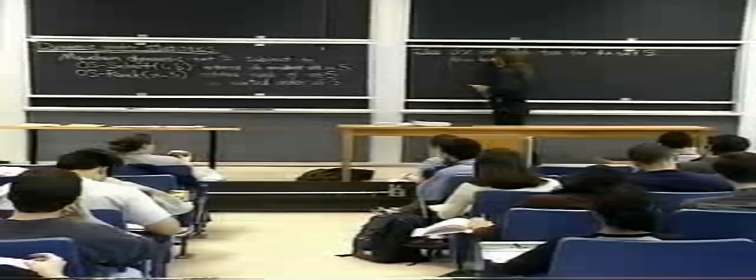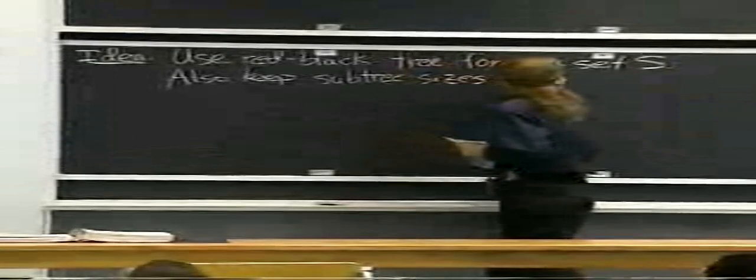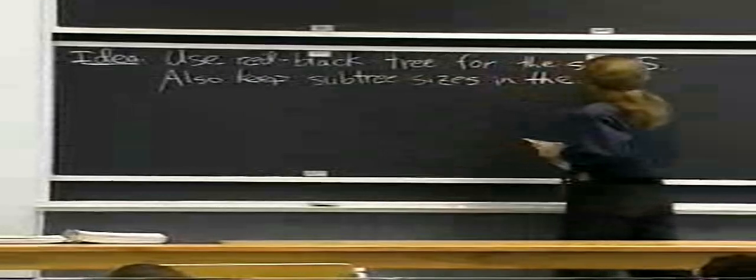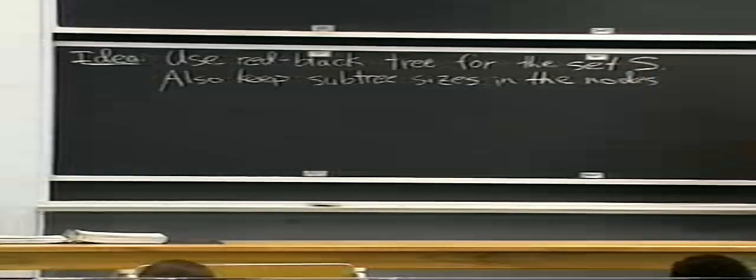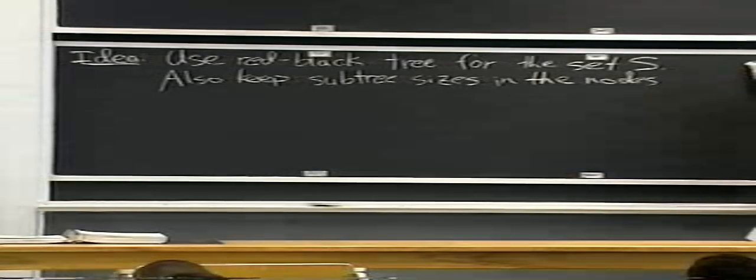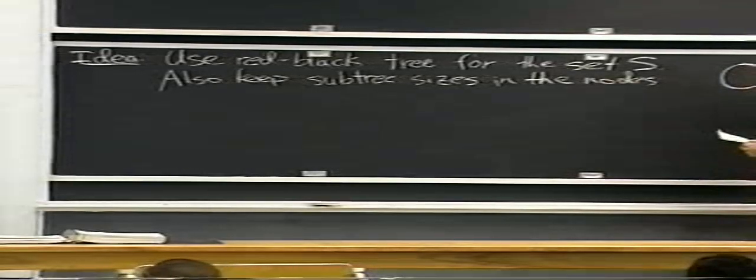So the extra information we'd like is the subtree sizes. At every node, we're going to store the size of the subtree rooted at that node. I'll use some notation for that with the vertical bar.